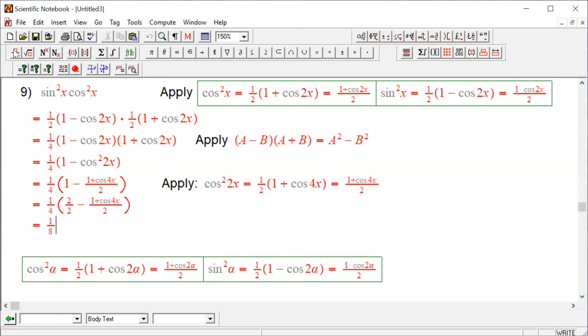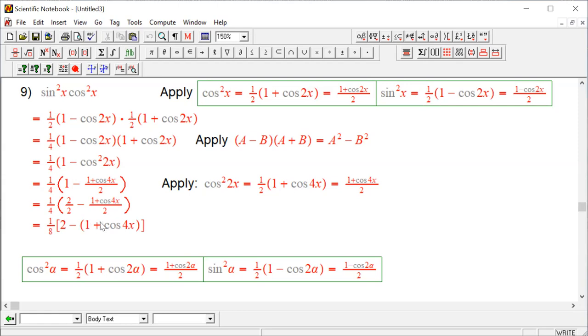1/8 multiply 2 minus this piece. Be careful. I'm going to keep it in the parentheses for the moment. So the outside, I'm going to use a bracket, because this is subtraction, it's subtracting the entirety of this fraction. When the 2 is out in the denominator, which is factored out, we have 1 plus 4x.